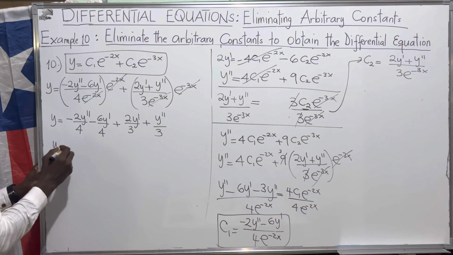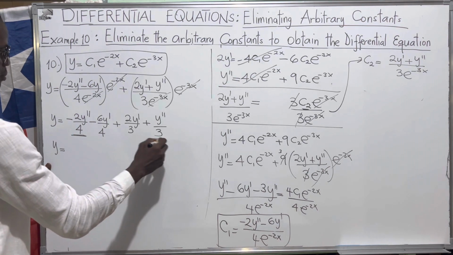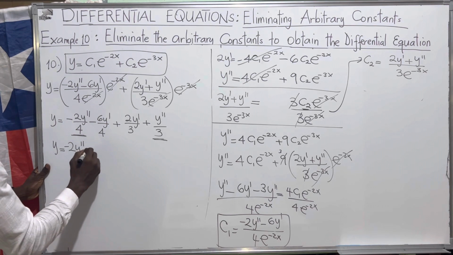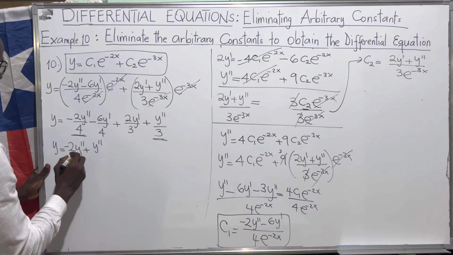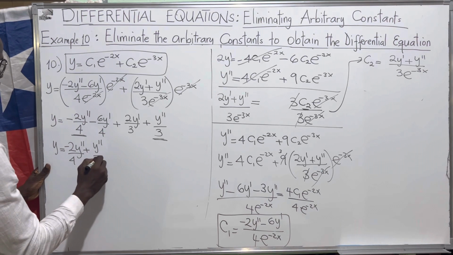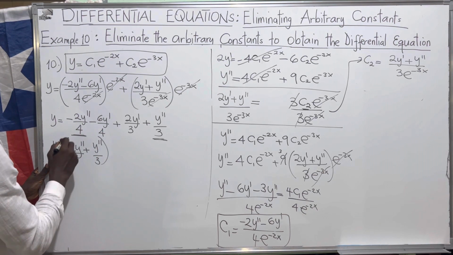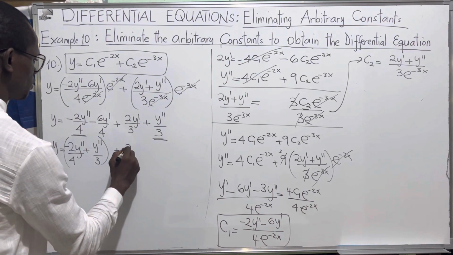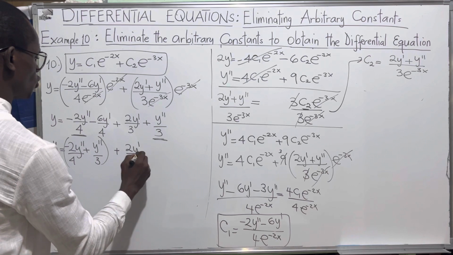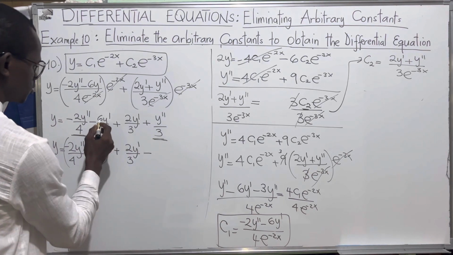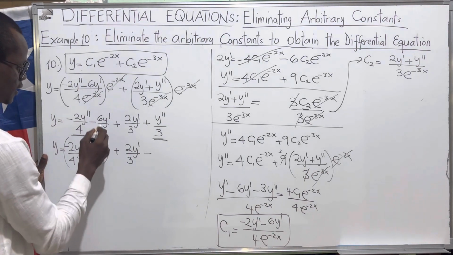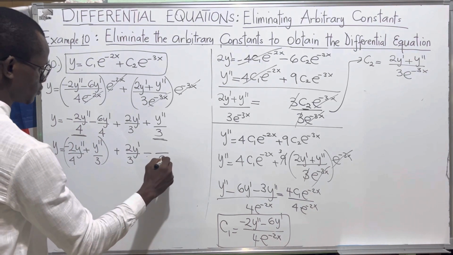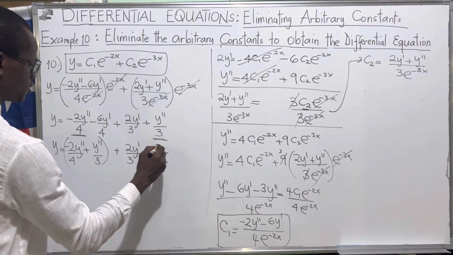So y equals, so the terms with prime, I can group them. So it's minus 2y prime plus y prime, over 4 and 3. And then these two: I have positive 2y prime over 3 minus, so I can reduce 4 and 6. 2 into 4 2 times, and then 2 into 6 3 times, so it's 3y prime.